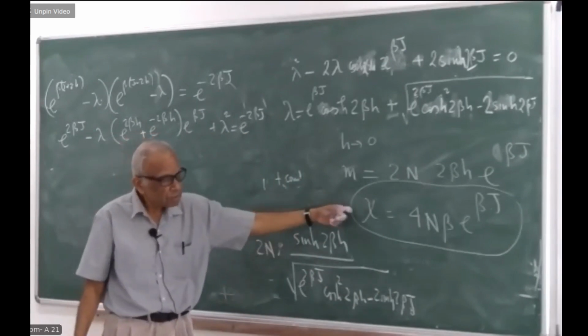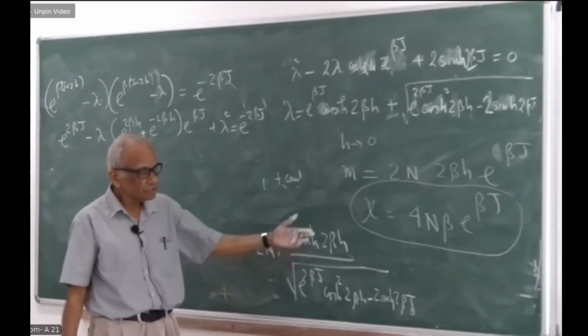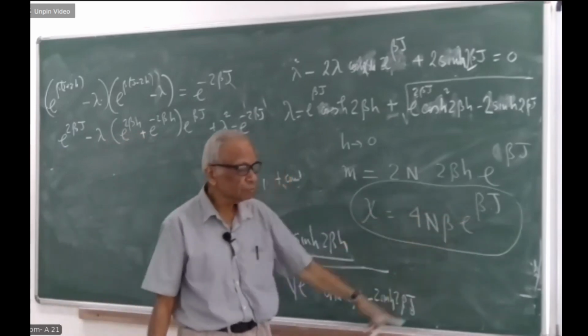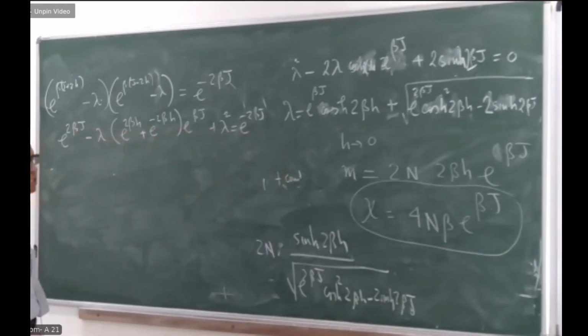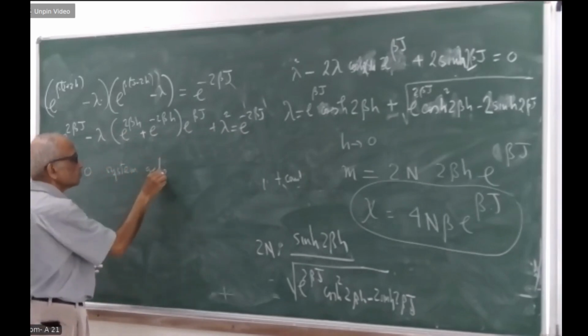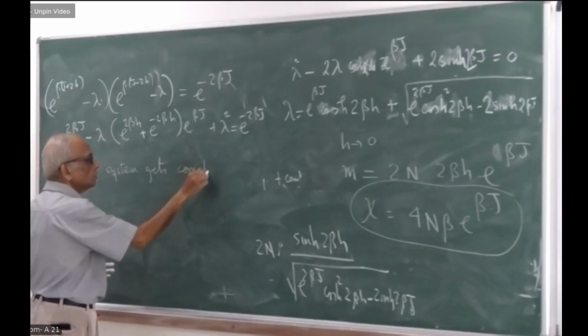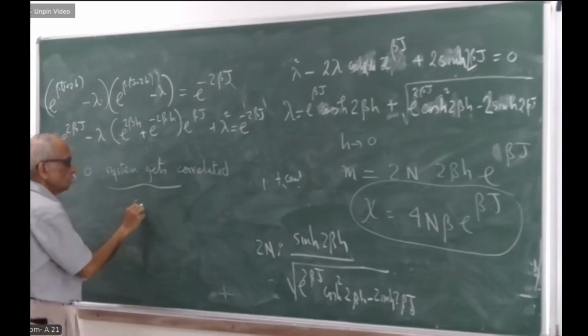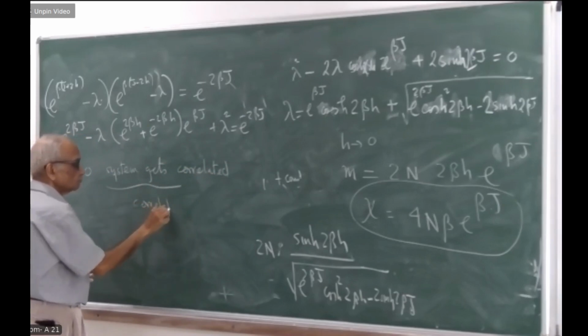The susceptibility is blowing up as T goes to 0, blowing up very strongly, exponentially, e to the power 1 over T. The question is, obviously then, as T tends to 0 the system gets correlated, and how do I calculate the correlation function?